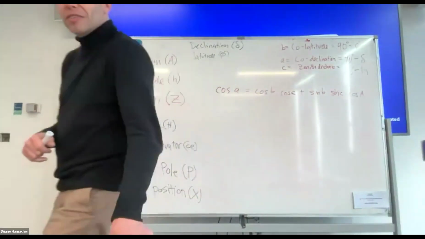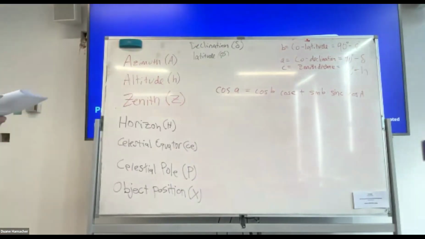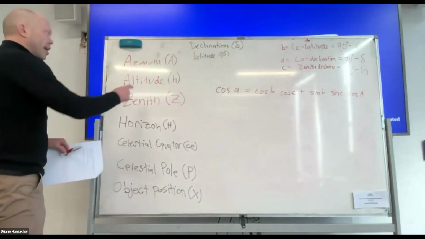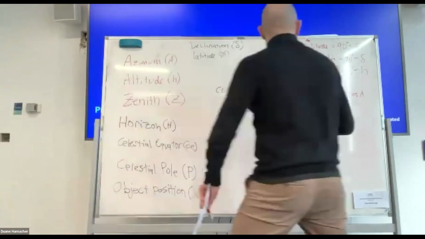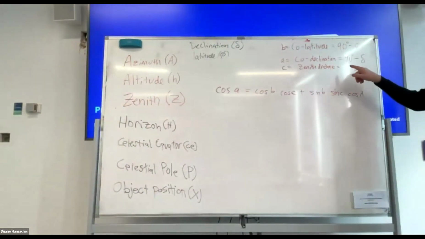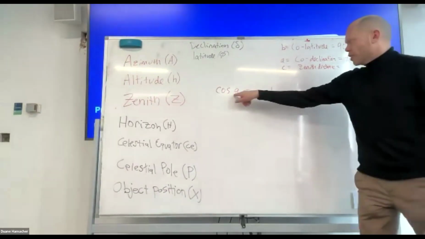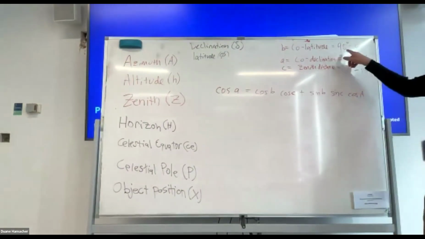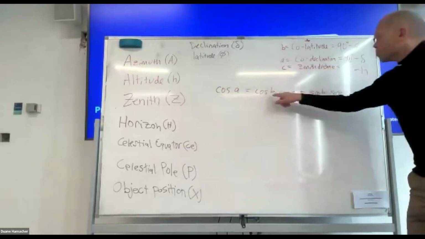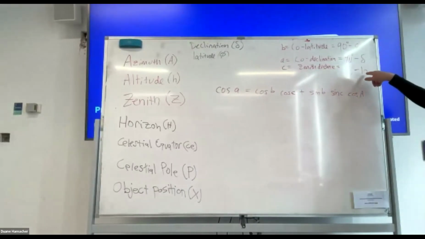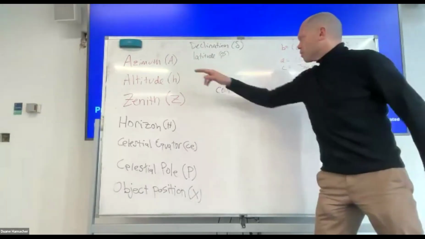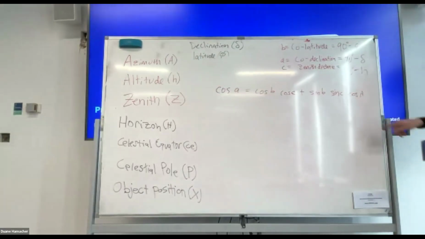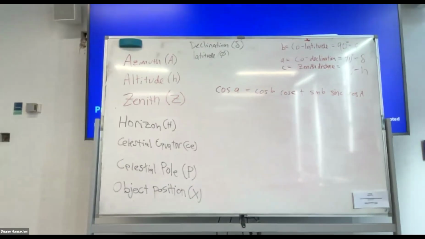There's a capital A and a small a. Capital A is our azimuthal angle. Because remember, we want to find our declination, which is in this term. We want to find our latitude, which we know is in this term. Our zenith distance related to our altitude, that's in this term. And then we need to find our azimuthal angle, which is in this term. So everything we need is wrapped up in this equation.